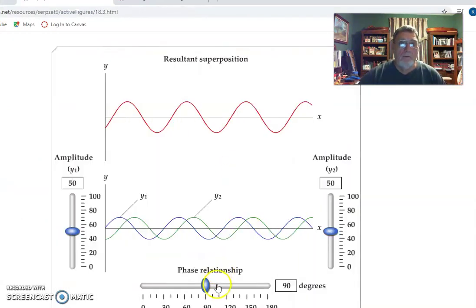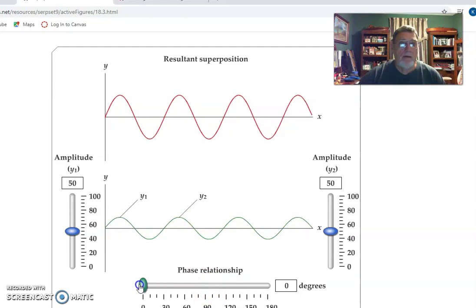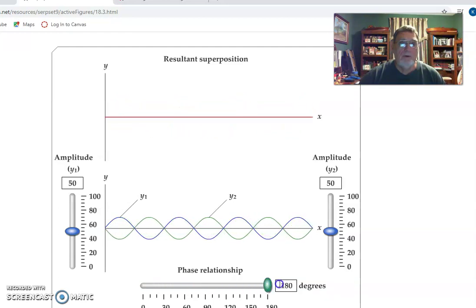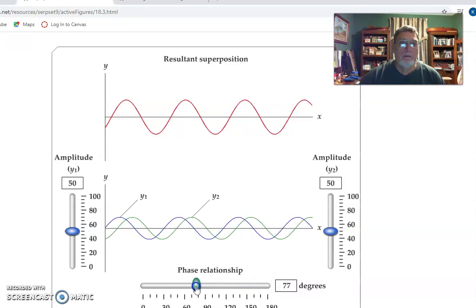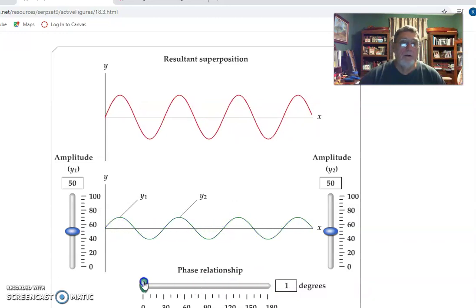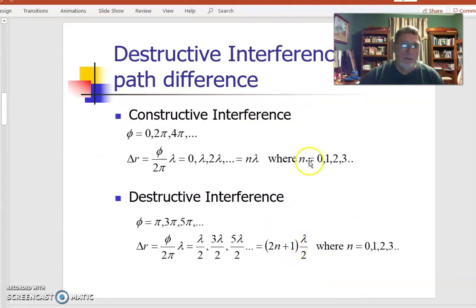So again, when they're arriving together, that's 0 wavelengths. Well, we can't quite go over a whole one, can we? We can only go where they're driving and canceling, but we can do 0. That's when it's constructive, and that's when it's destructive. And so that's the difference that can be caused by a path length, and when we do, those are our conditions.